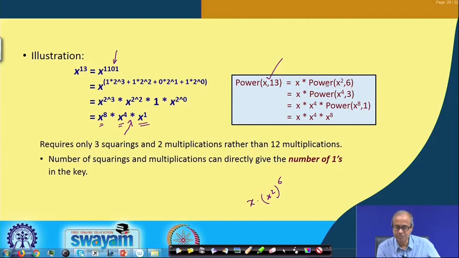This x square to the power 6 we write again as, since now this 6 is even, x square whole square. So, this we write as x into x square whole square to the power 3, which means x to the power 4 to the power 3.